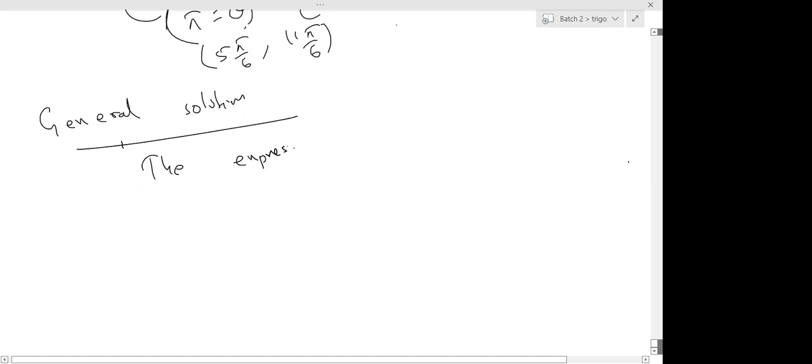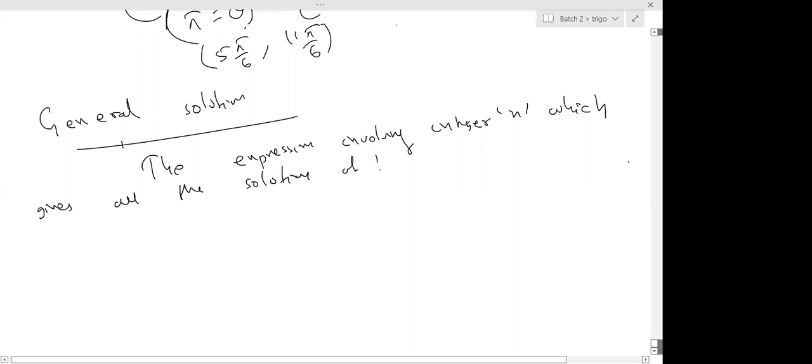The expression involving integer n, which gives all the solutions of the trigonometric equation, is called the general solution.